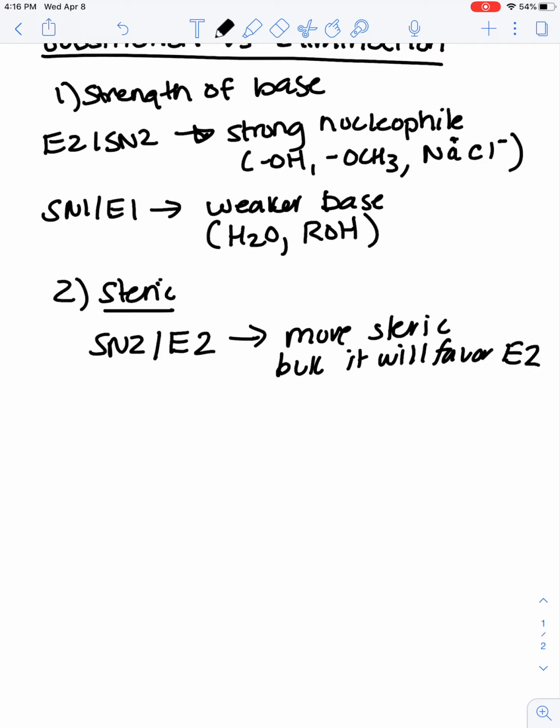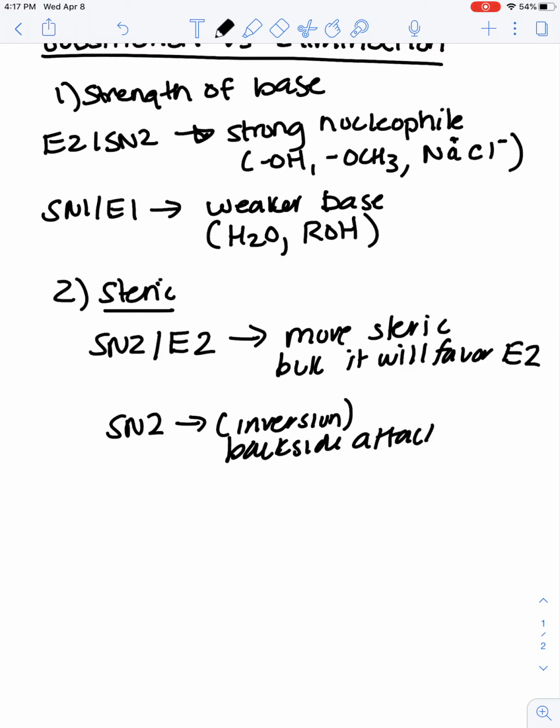This makes sense if you think about it, because remember for SN2 reactions, we have inversion of our stereochemistry, so we have that backside attack. So if we have a lot of steric interactions or steric hindrance with our substrate, it's going to be really hard for that nucleophile to go in for that backside attack. So again, if we have a strong base in the reaction, but our substrate is really bulky, then it's probably going to favor E2 versus SN2.